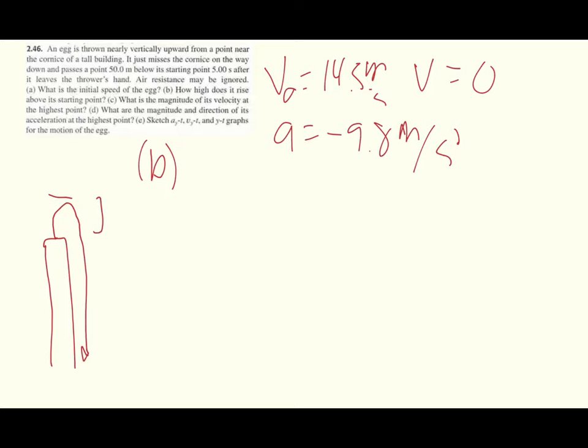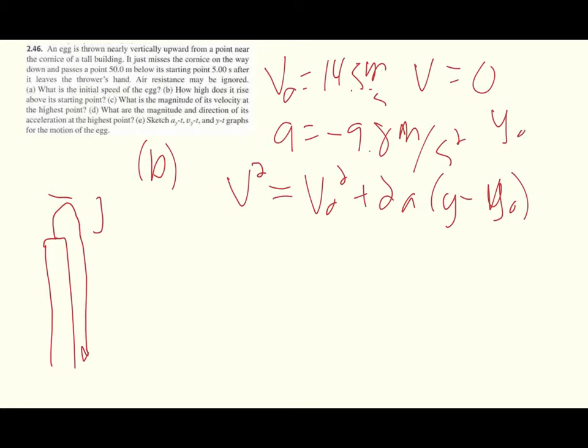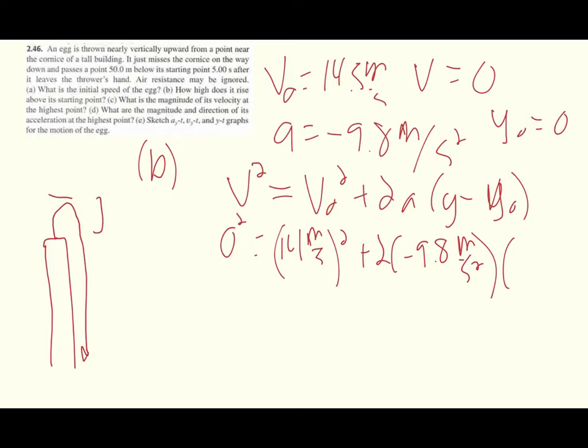So we can find the height using v squared equals v naught squared plus 2a times y minus y naught. I'm going to call y naught equals 0, same as before. So I'm going to have 0 squared equals 14.5 meters per second quantity squared plus 2 times negative 9.8 meters per second squared times y.